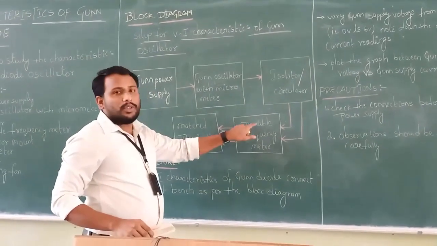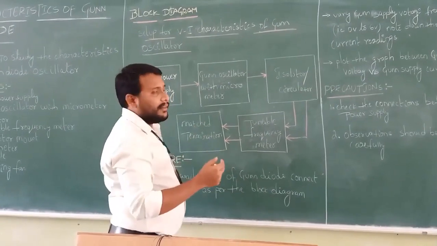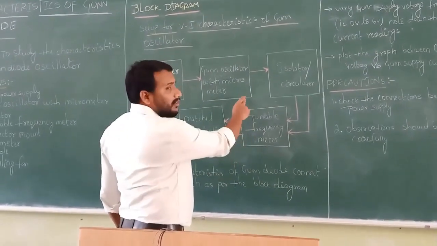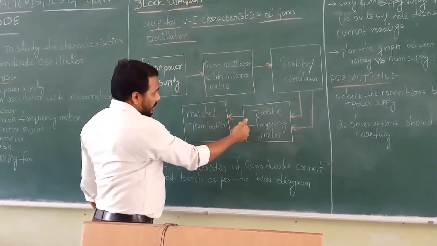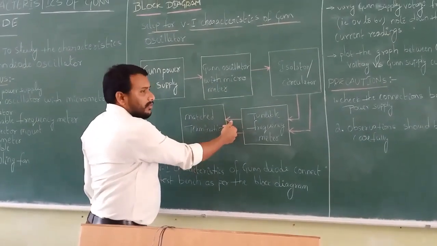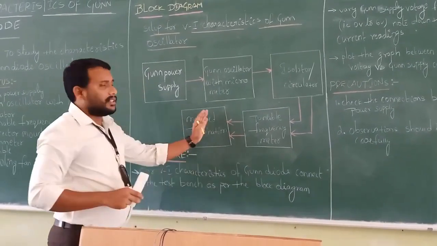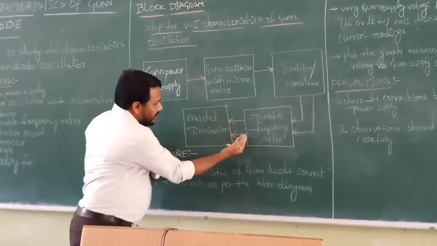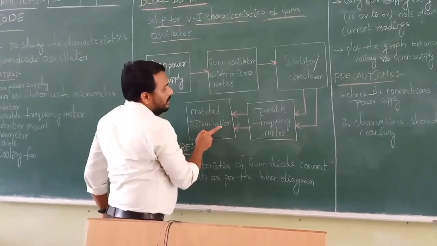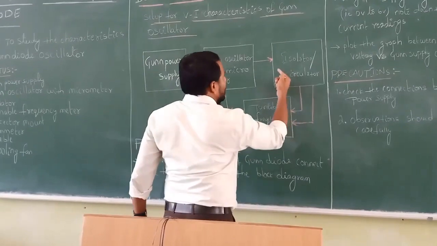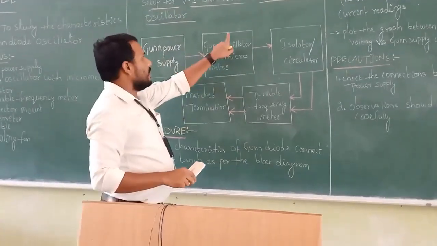By rotating the tunable frequency meter, you can set a fixed frequency for the microwave energy generated by the Gunn oscillator, and finally the energy passing through the waveguide reaches the termination, where it will be like a short circuit. Whatever energy reaches here takes a reflection and travels towards the isolator side, to the Gunn oscillator, and there is a knob.